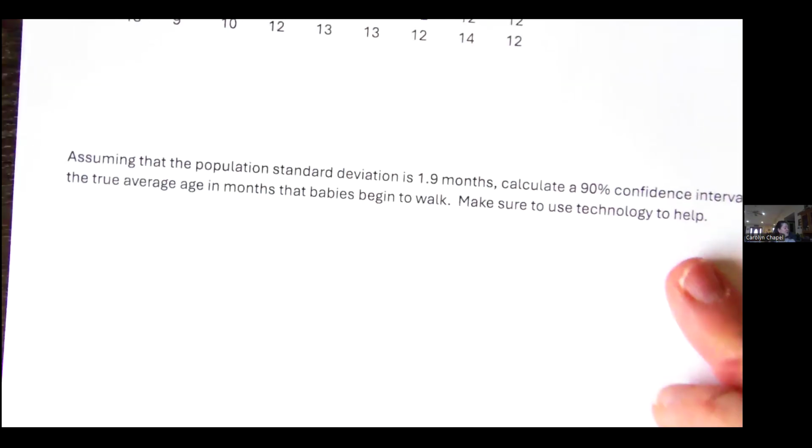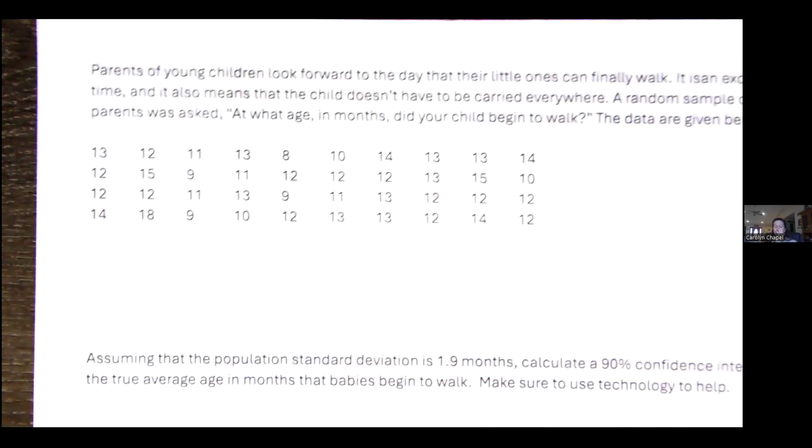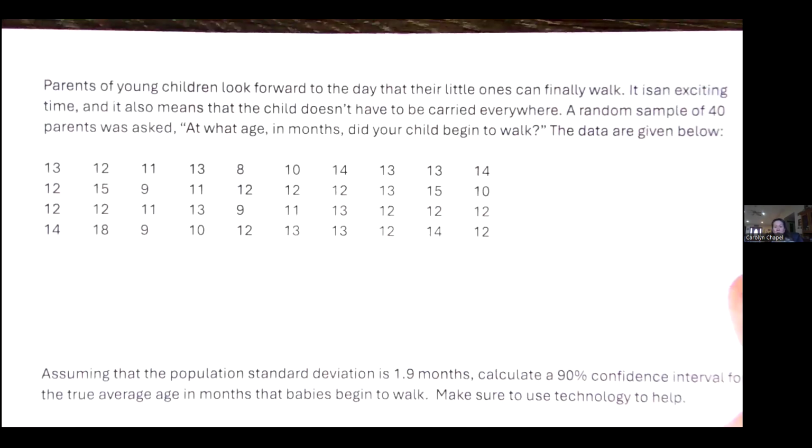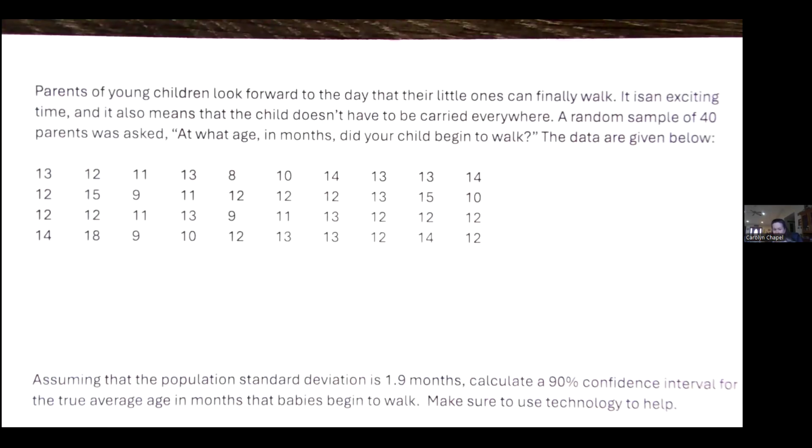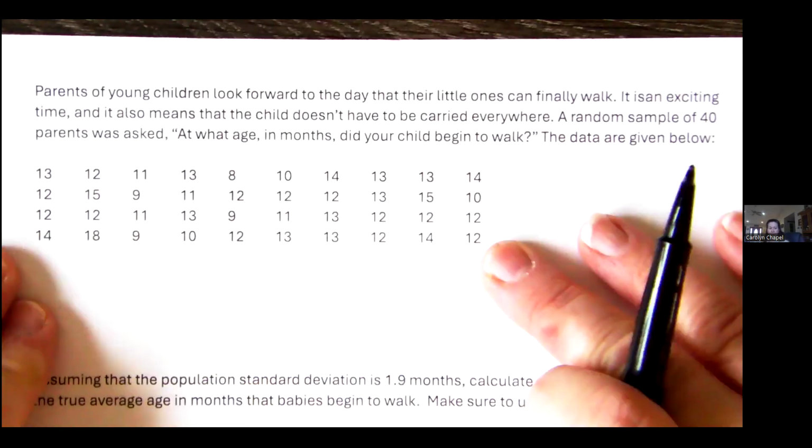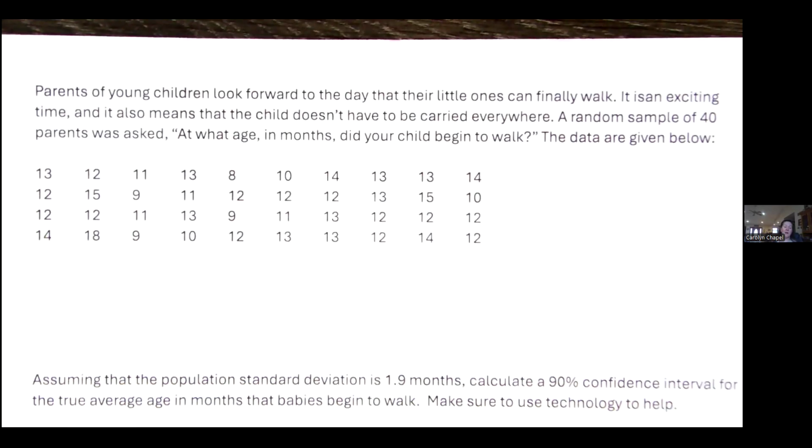Not actually going to do this one, but I do want to talk about it because sometimes when you are doing your homework or doing real life situations, we have raw data. So we have numbers. We don't have what X bar is, what the standard deviation is, or any of that. So a lot of times this is an example.